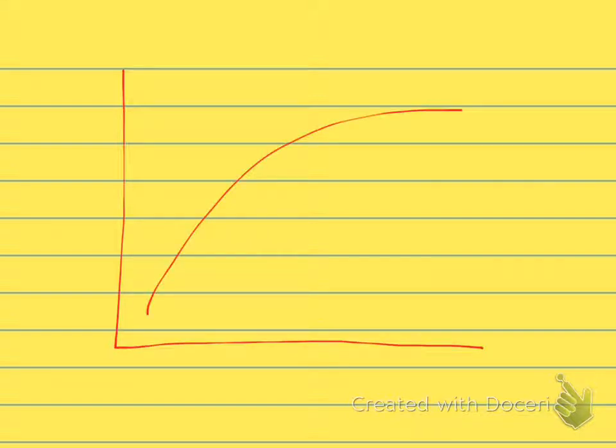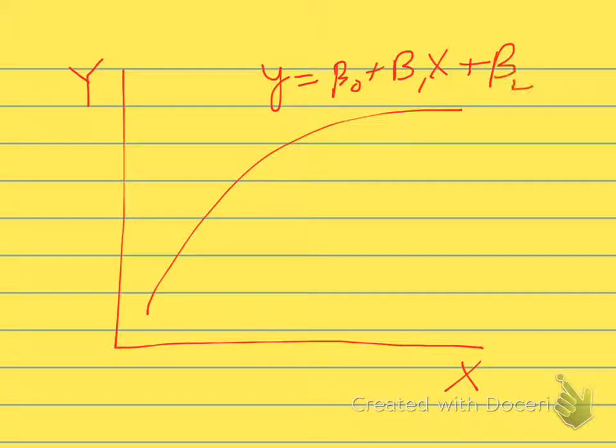One last thing we have to think about, going back to our standard polynomial function, x and y. In this polynomial function, y is equal to beta 0 plus beta 1 x plus beta 2 x squared, and in this case, the way I've drawn it, beta 2 would have to be a negative number, so beta 2 is less than 0 here, since the slope is declining.